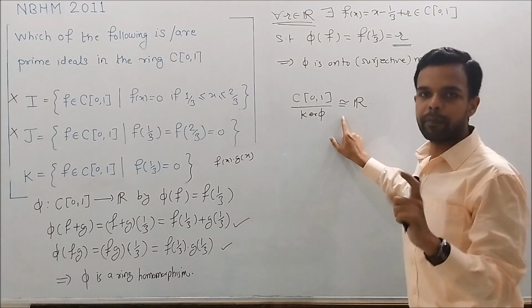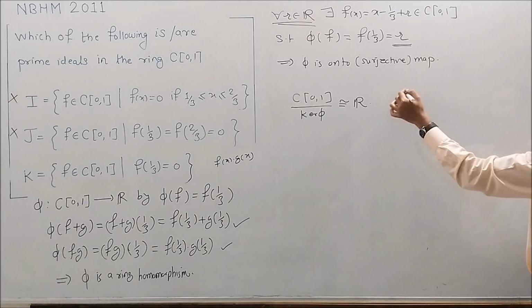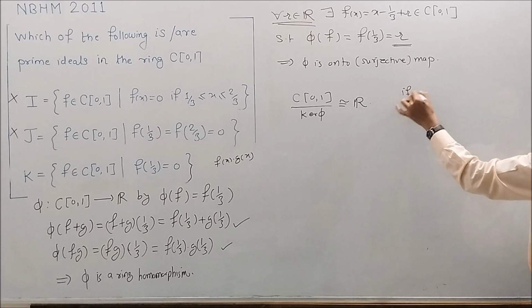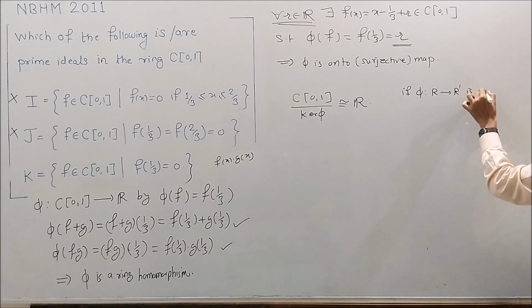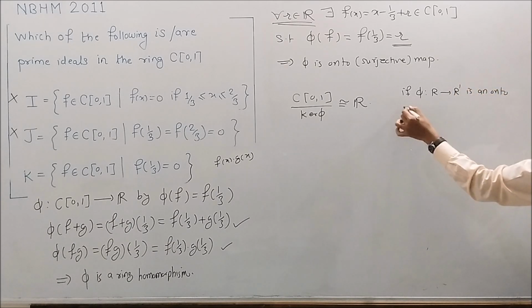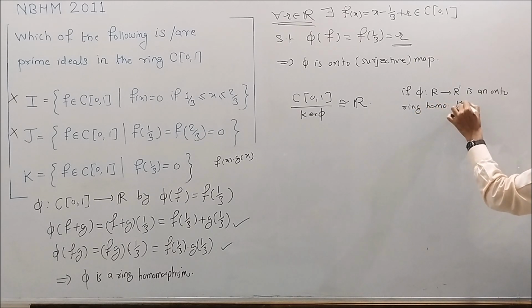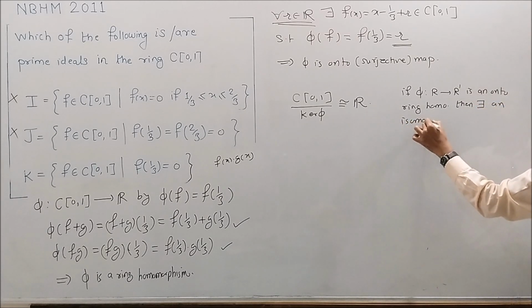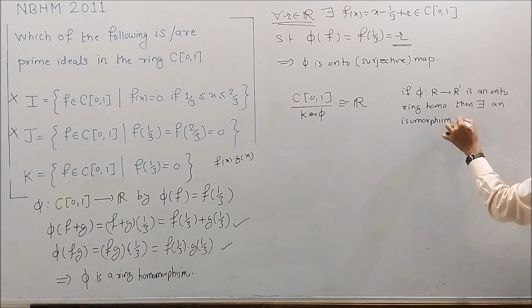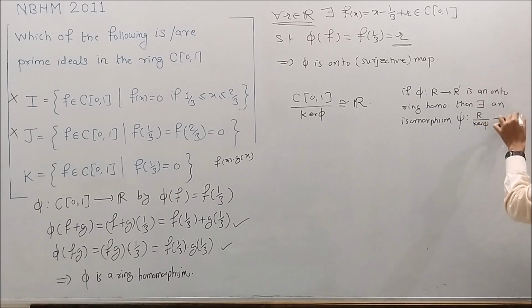Let us write the statement of the fundamental theorem of ring homomorphism. The fundamental theorem of ring homomorphism states that if phi from R to R dash is an onto ring homomorphism, then there exists an isomorphism psi from the factor ring R over kernel of phi to R dash.